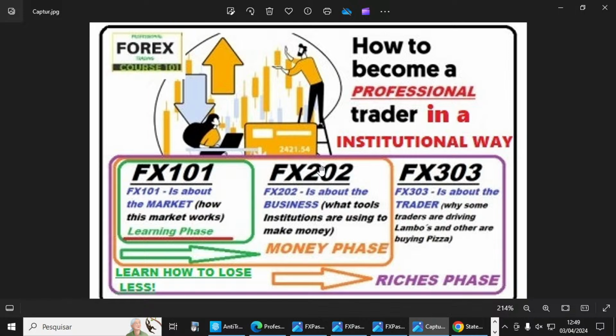Then you can jump into the Forex course 202. Learn everything, sure. Forex course 101, it's all about the market, how this market works. Then in the Forex course 202 we talk about strategies and risk management and money and what tools institutions are using to make money.